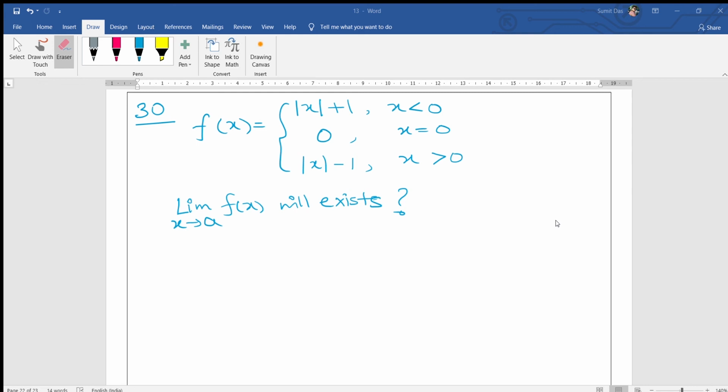We have to take all the possibilities for a: when a can be 0, when a can be negative, all the possibilities.